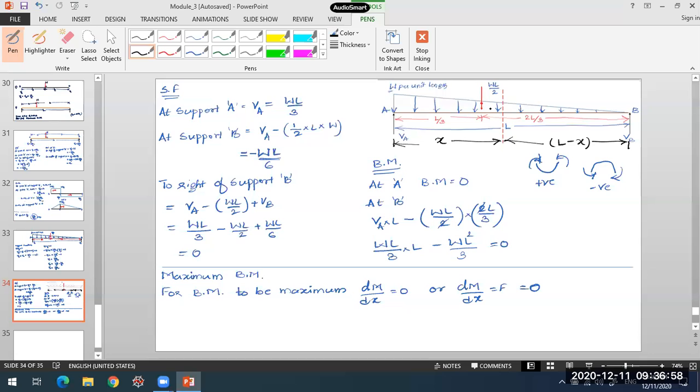Now in this particular problem, we'll change it slightly. For convenience, we'll go for taking the summation of forces to the right side of the section. So what we have is the sign convention for shear force. This is the positive shear force, and this is our sign convention for negative shear force.